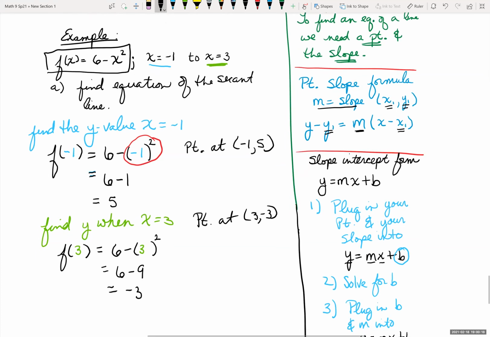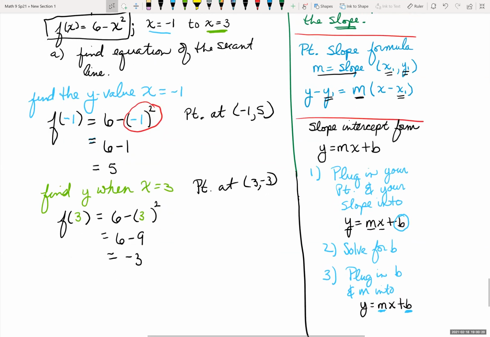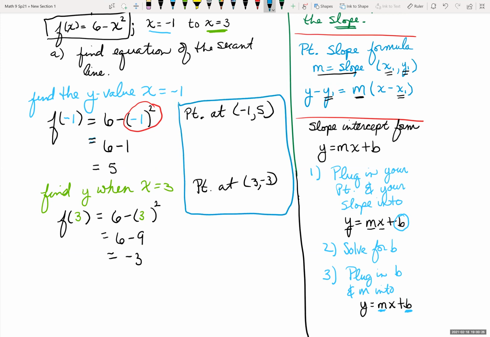So we found 2 points. Now we want to find the slope of the line joining these 2 points.